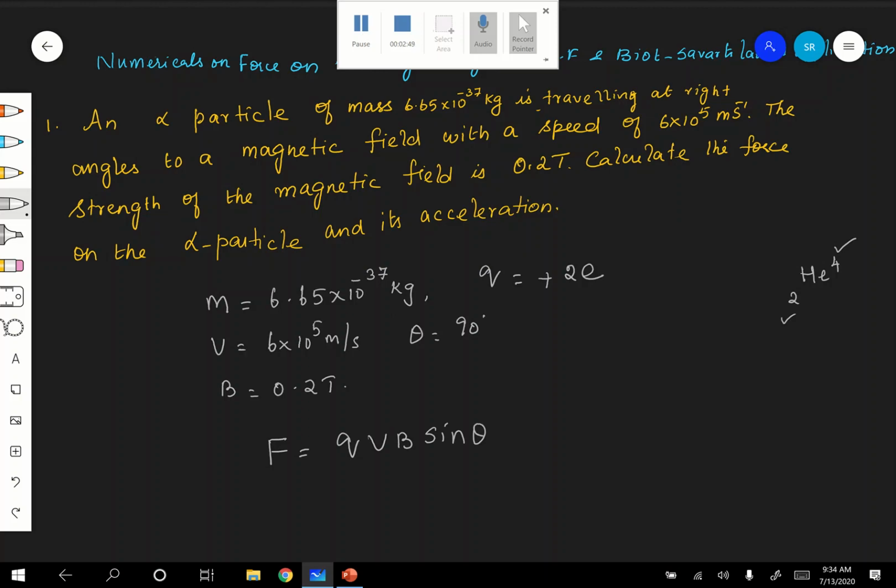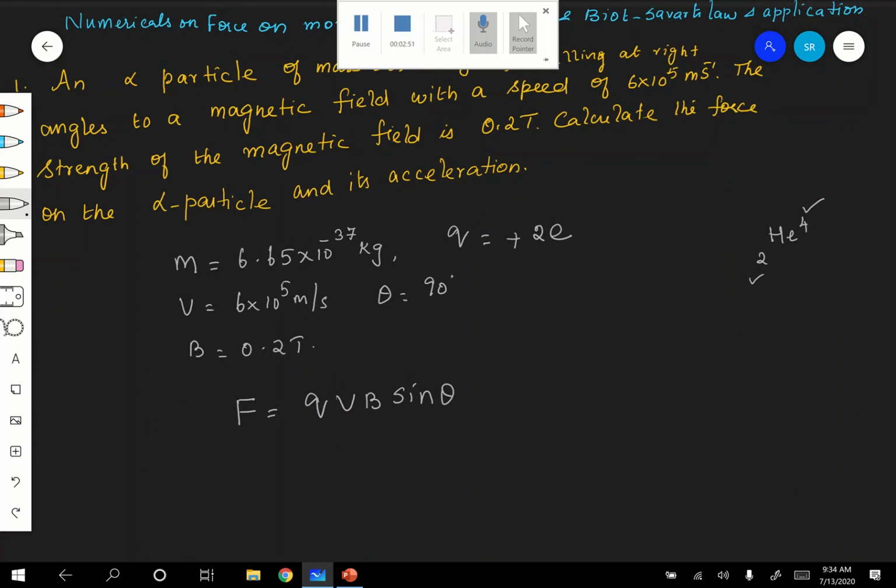This we have derived now: F = QVB sine theta. Therefore, substitute. What is Q? 2 into e. What is e? 1.6 × 10^-19 coulomb. Therefore, it is 2 × 1.6 × 10^-19, velocity is 6 × 10^5, B is 0.2, and sine theta is sine 90, that is 1.